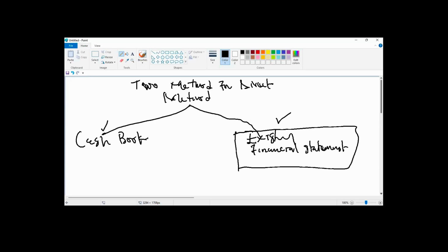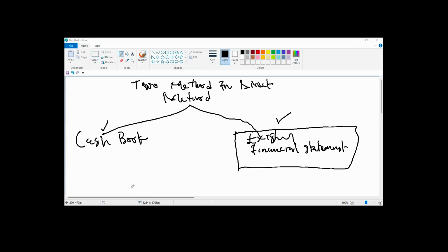They can ask me, after using the indirect method, to prepare separately the direct method for operating activities only. Because don't forget, the difference between direct and indirect method is what? Treatment of operating activities. That is it. Okay.